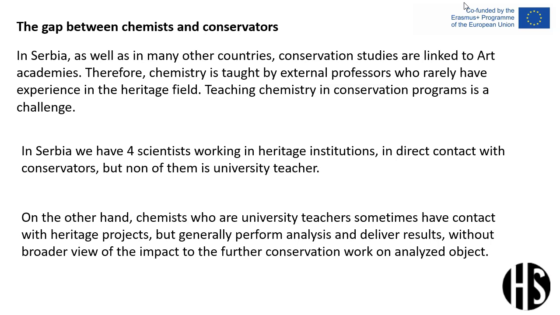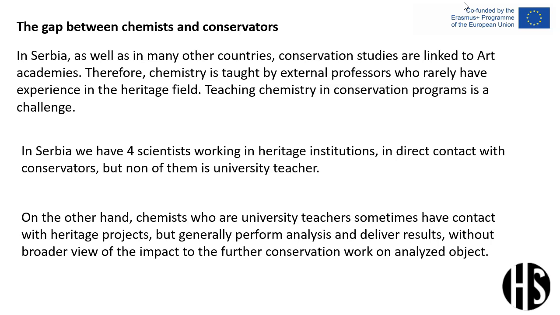So also at the University of Novi Sad, we have an external professor of chemistry to teach in conservation programs. And he comes from the Faculty of Natural Sciences. And it turns out that when teaching chemistry, although at a basic level for them, they sometimes don't know how to cope with those questions that conservators ask.